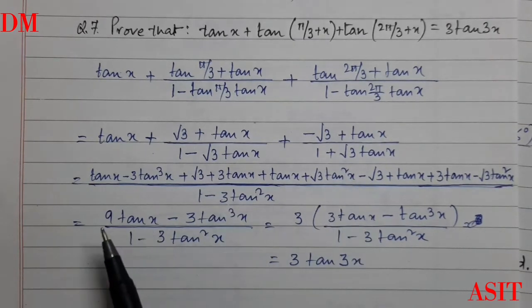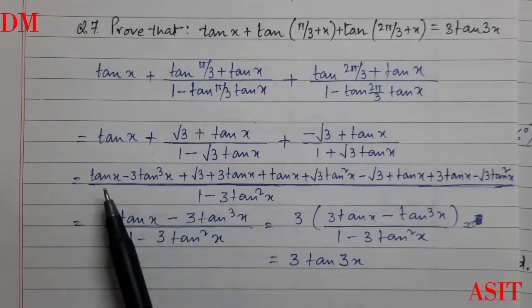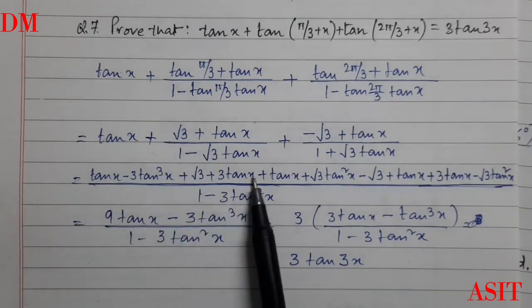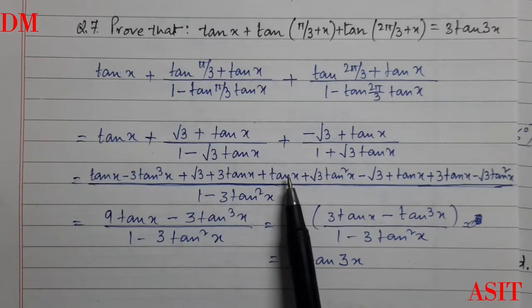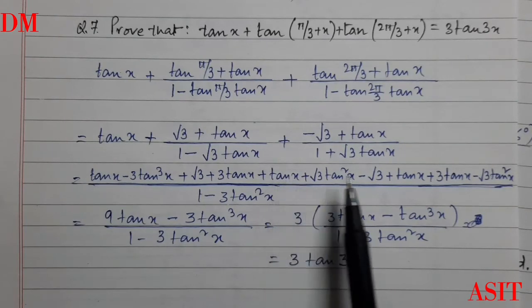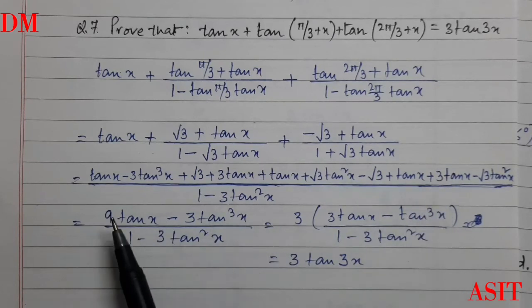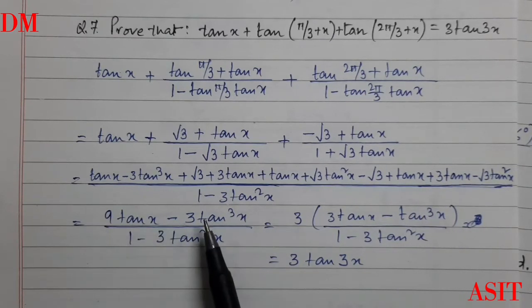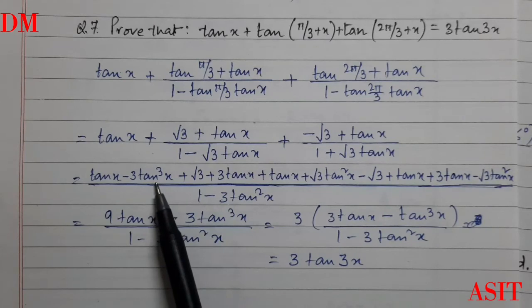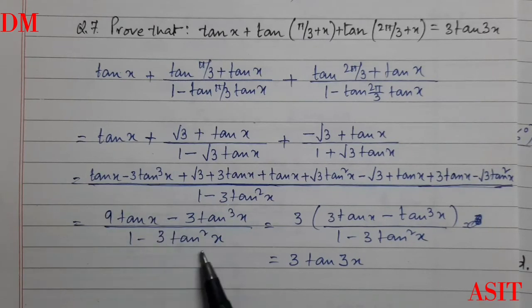So therefore it will be tan x plus 3 tan x plus tan x, that is a total of 5 tan x. Then again tan x plus 3 tan x, that is a total of 9 tan x. So 9 tan x minus 3 tan cube x, by 1 minus 3 tan square x.